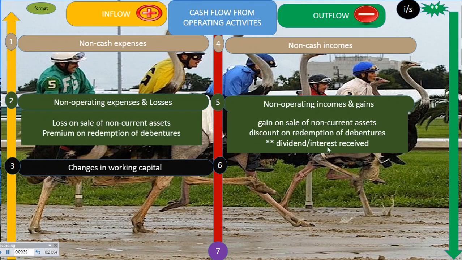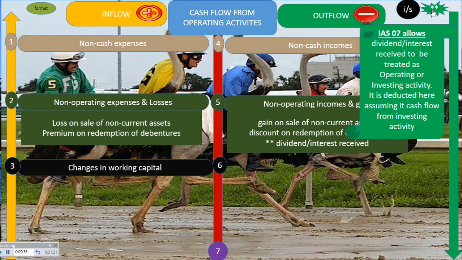Dividend and interest received, we will subtract it if we assume that it is not part of operating activities. Here there are two asterisks. This asterisk indicates that in case of dividend and interest received or paid, we can treat it either as investing or operating, whichever we choose to.